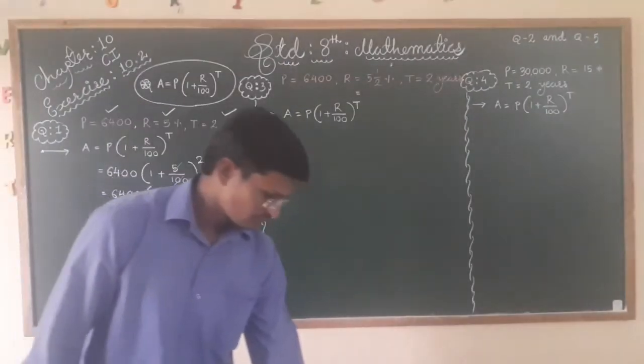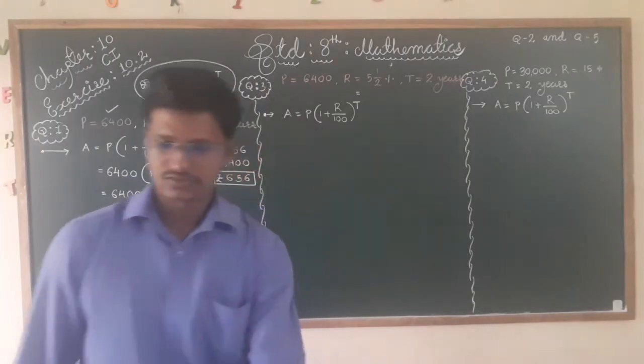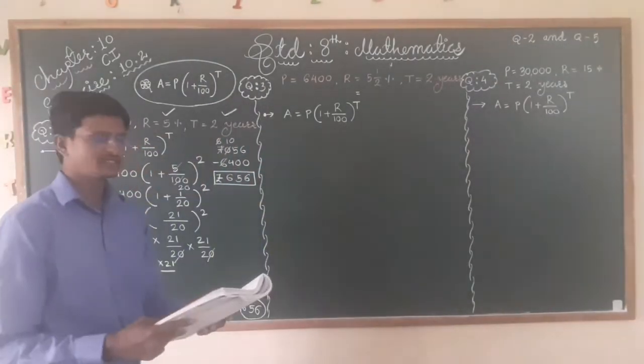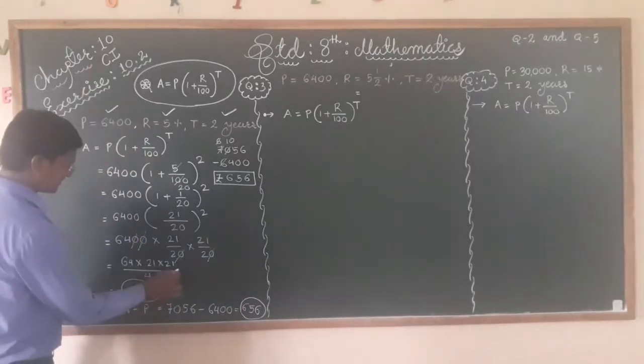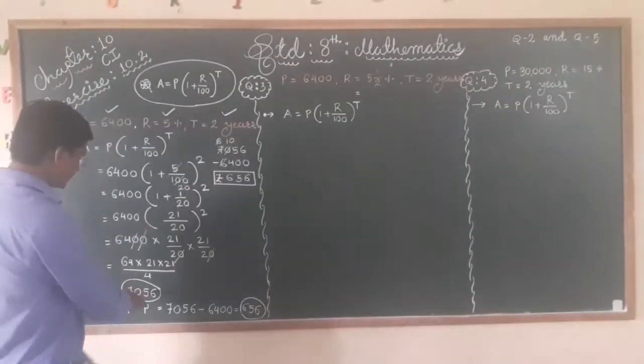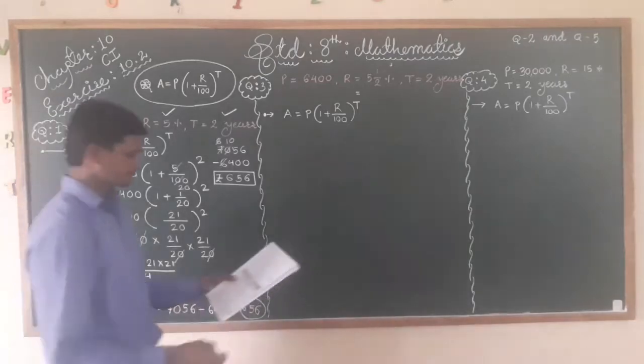So rupees 656 is your answer of question number 1. So like this we will do question number 3 also. I think you can understand, but the important step is here, how to multiply this and divide by 4, and how the particular answer comes.